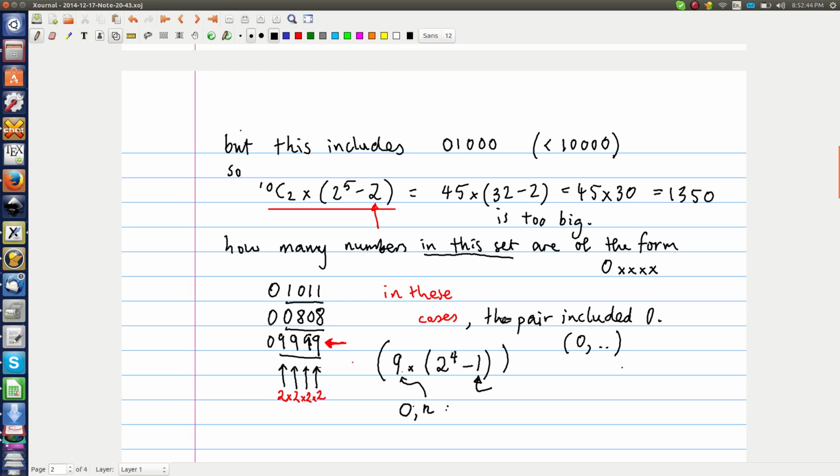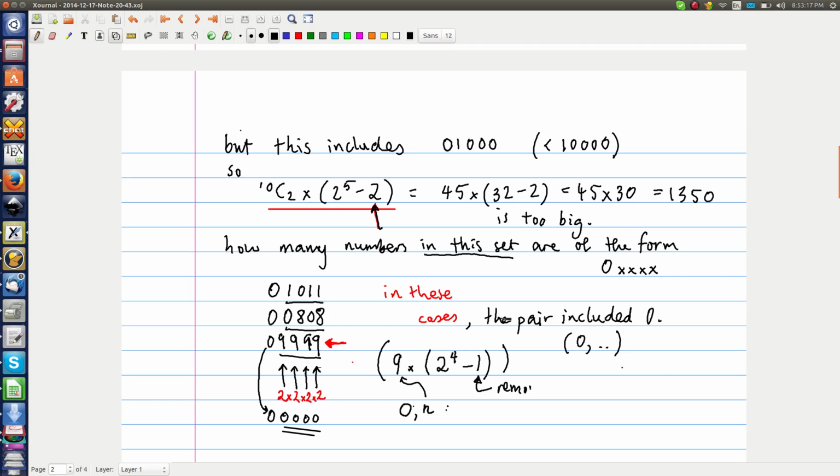There are 9 possibilities for n. The number of possibilities is 2 to the power 4. There are 4 digits. But remember, that's including the possibility of 0, 0, 0, 0 for those 4 digits. And that's the possibility which we did not count before, because this 0 here on the front gives 5 zeros, and that was not counted before because it was included in this subtraction here. So that's why I subtract 1 here.